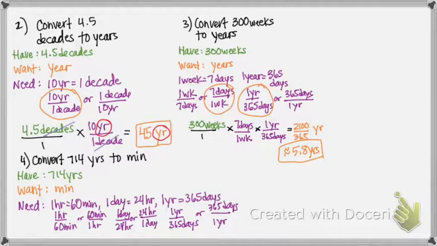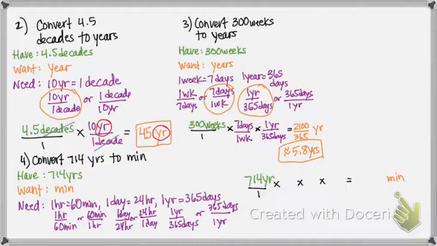Let's start with 714 years. Turn it into a fraction. Now we're going to multiply by 3 conversions, 1, 2, 3, in order to get to my answer in minutes.